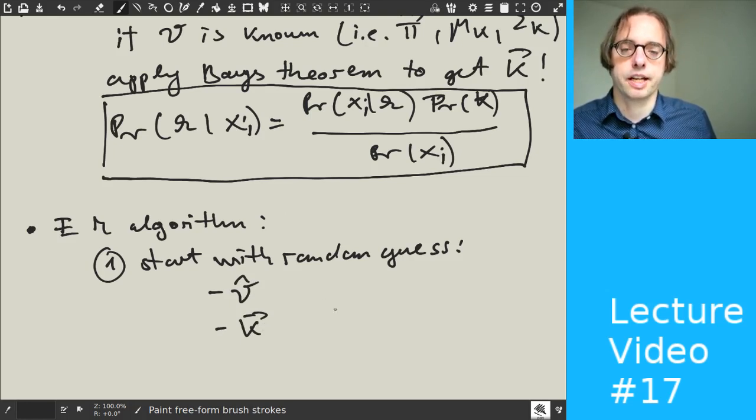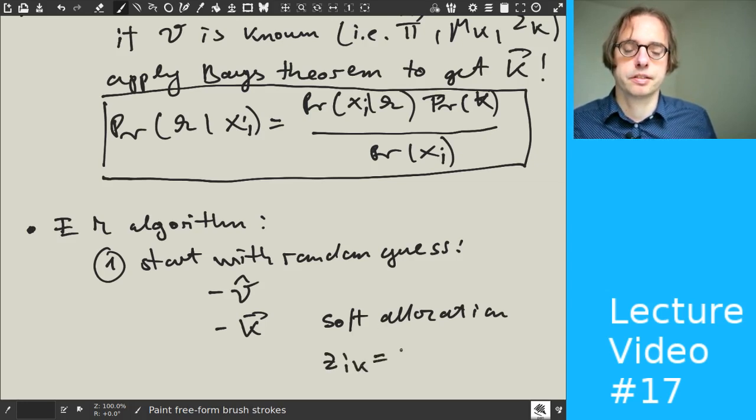So what we have is a soft allocation. So the soft allocation is represented by zik, which is the probability of class k for sample xi.